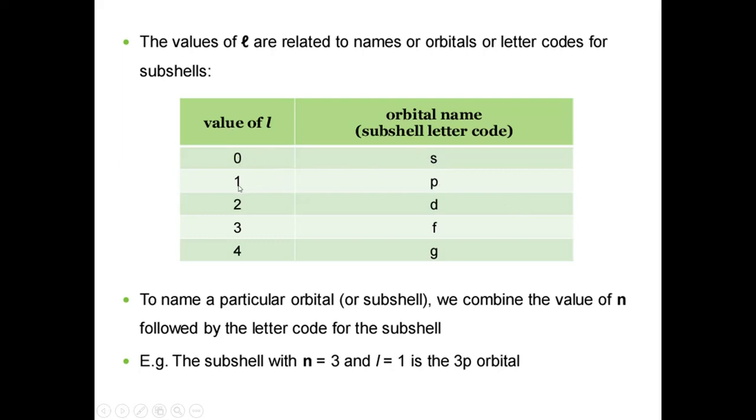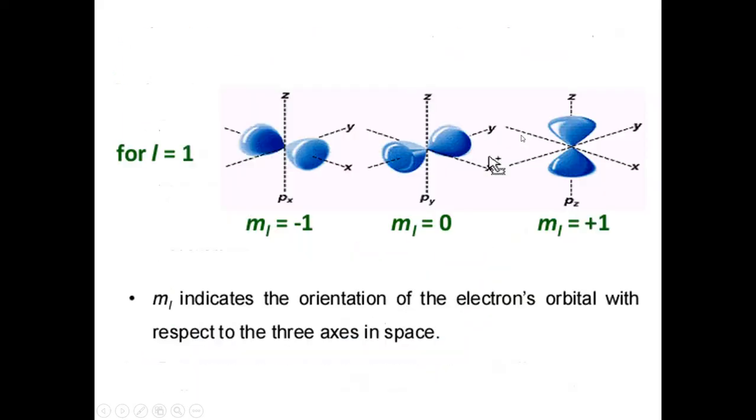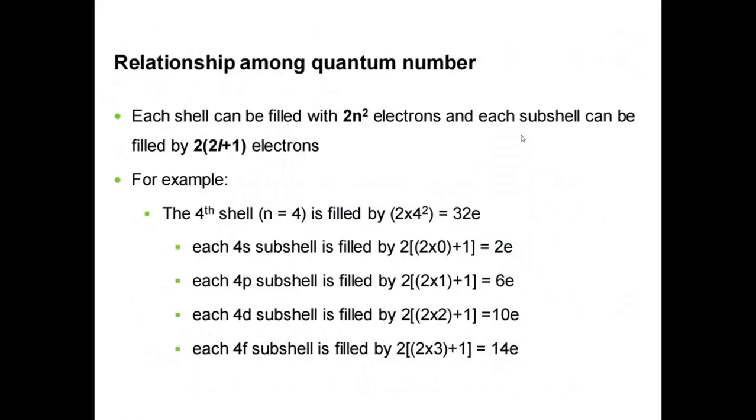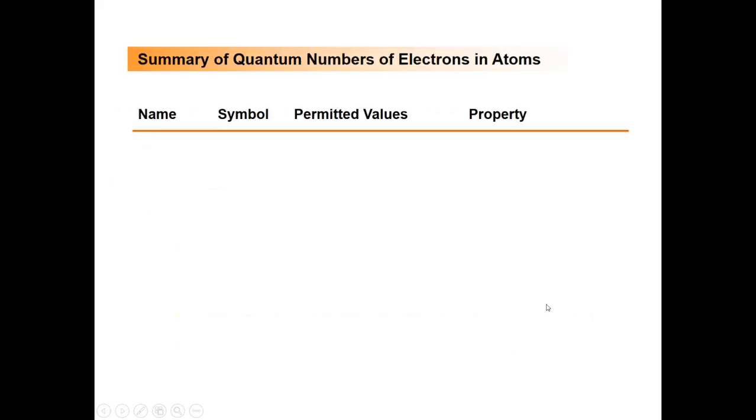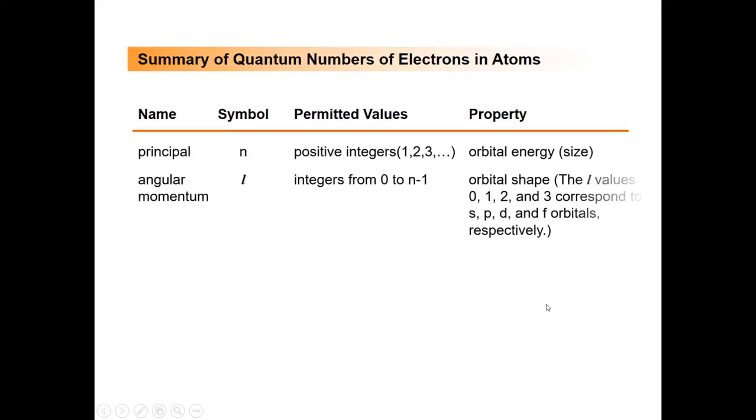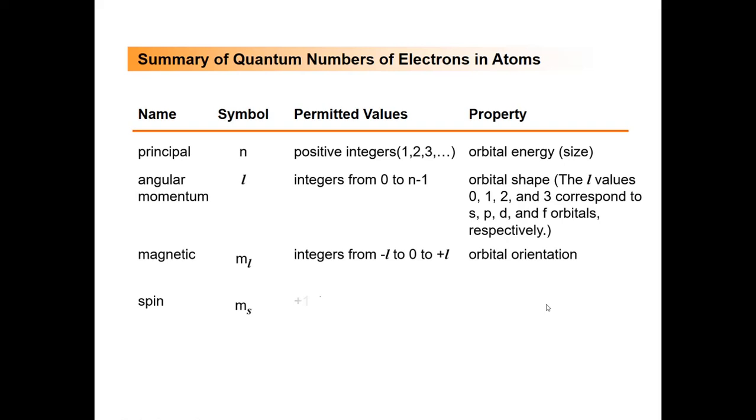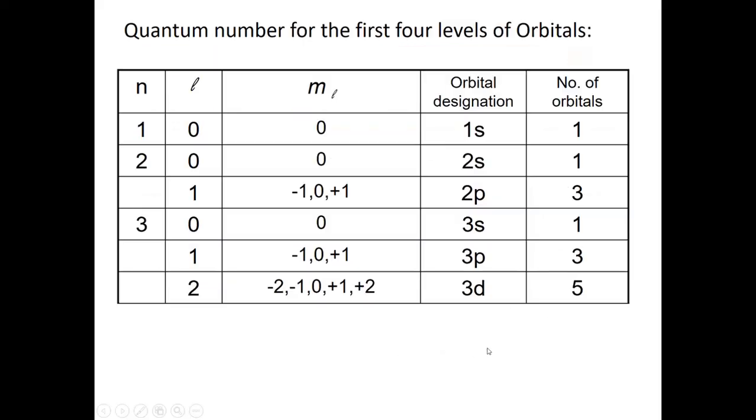Kalau P value of L dia 1. D value of L dia 2. Kalau F value of L dia 3. You kena refer balik yang ni. Then you get the value for electron for each subshell. So yang ni adalah summary ya, yang saya dah explain tadi.